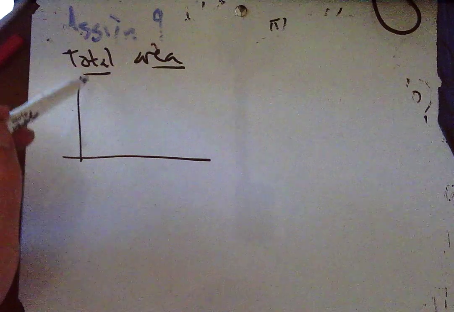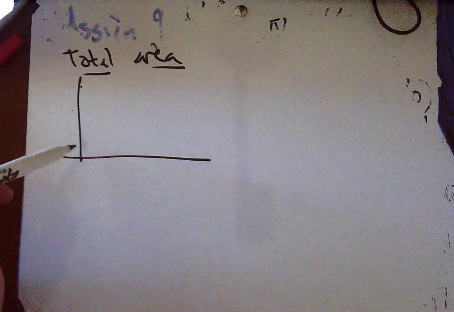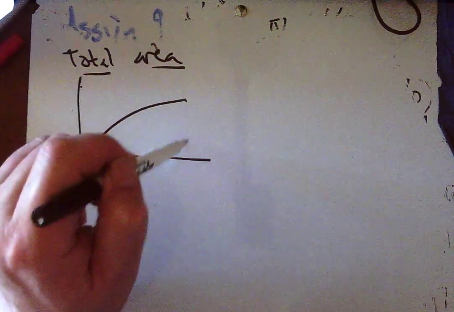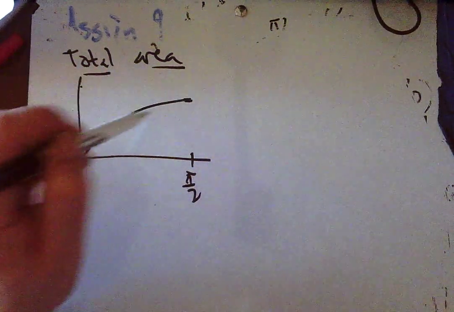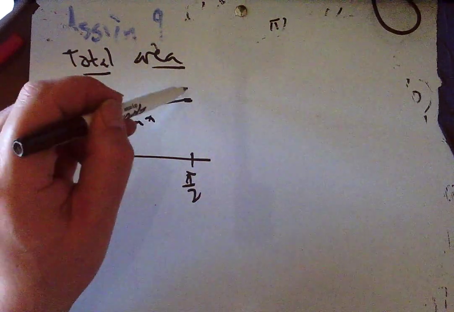Let me get that. And how about total area? Okay. Total area. No, not integral. Graph. Sorry about that. So our first picture, it's pi over 2, and that's sine x.